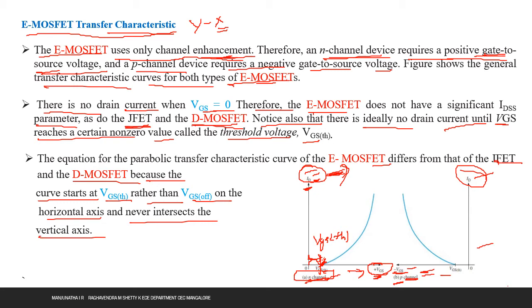So the equation for E-MOSFET to calculate ID is not similar to JFET and D-MOSFET. What equation do we use for E-MOSFET to calculate ID? We'll see that in the next slide. I hope this is clear here.